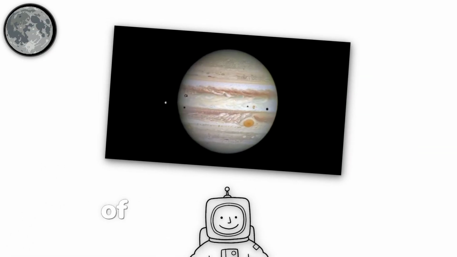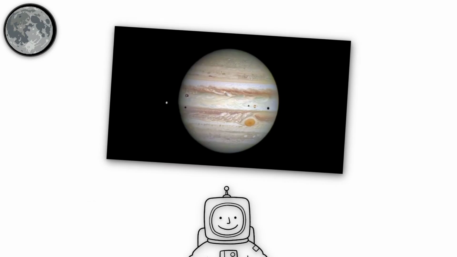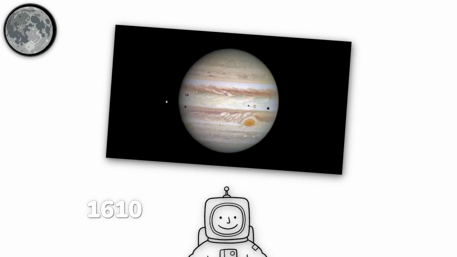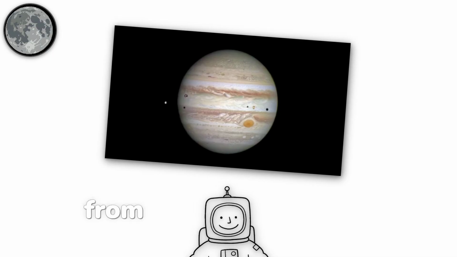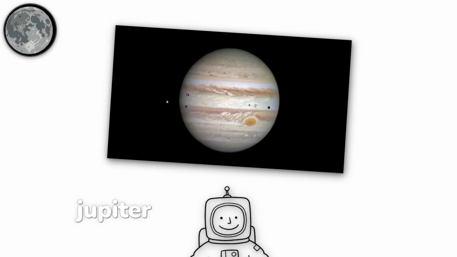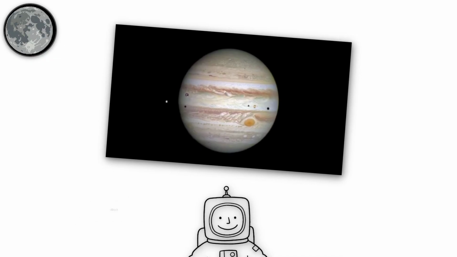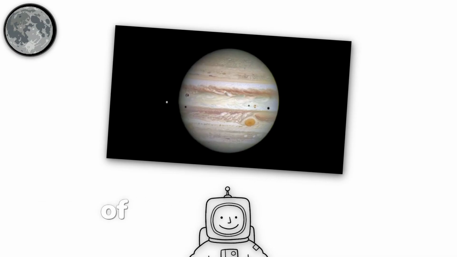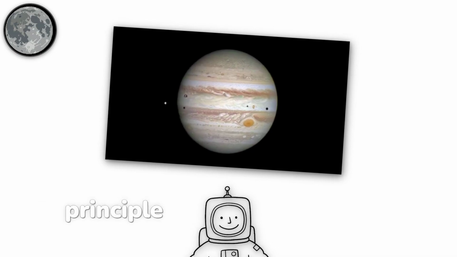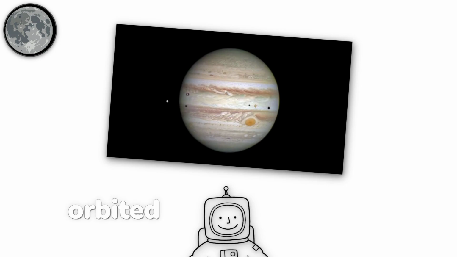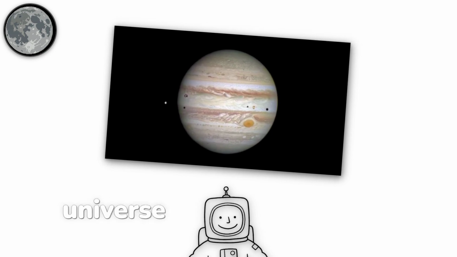Galileo's observation of the four moons orbiting Jupiter over several nights in January 1610 showed him objects that moved from night to night relative to Jupiter, objects that were clearly orbiting Jupiter rather than Earth, a direct observational refutation of the Aristotelian principle that all celestial objects orbited Earth as the center of the universe.